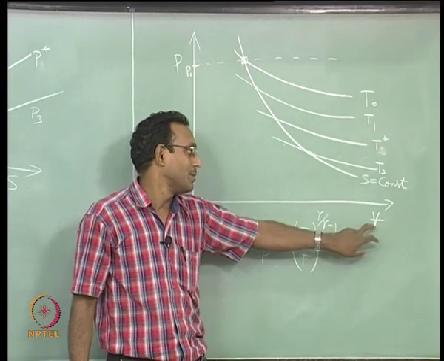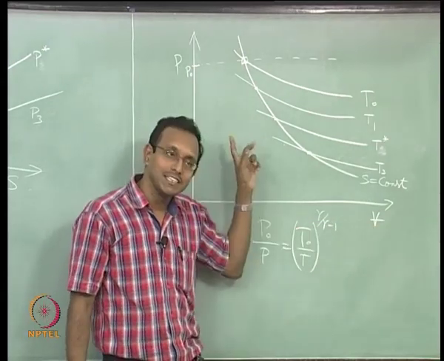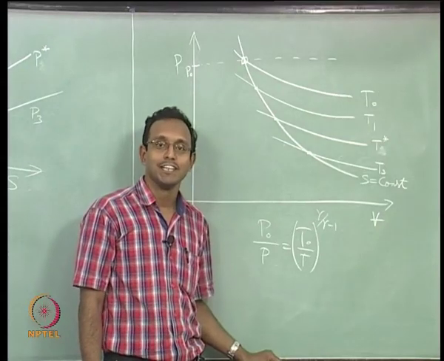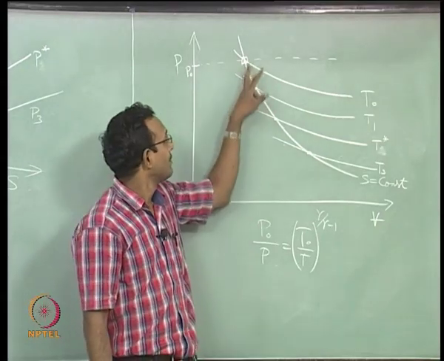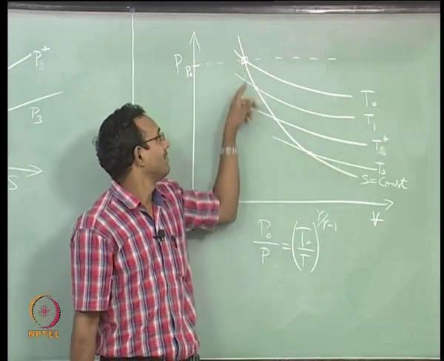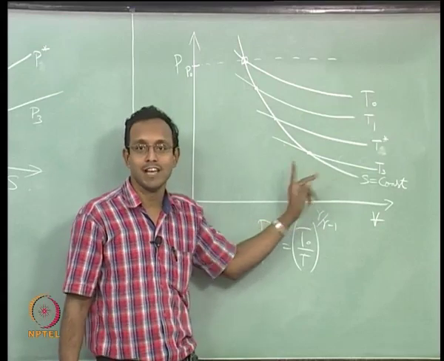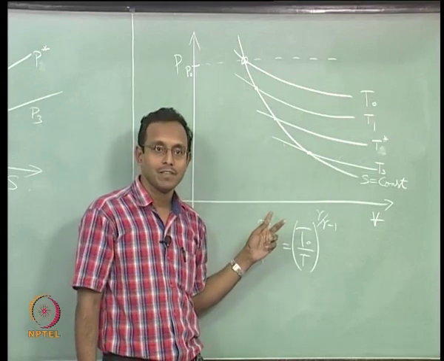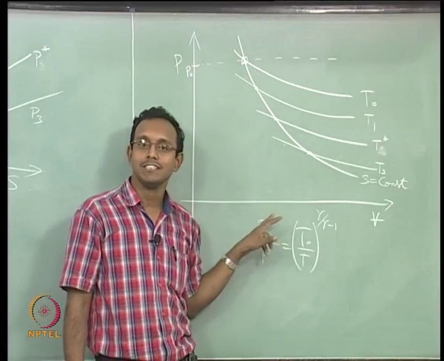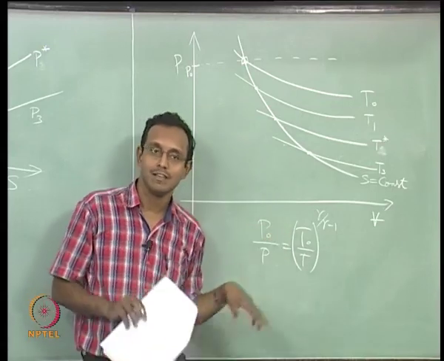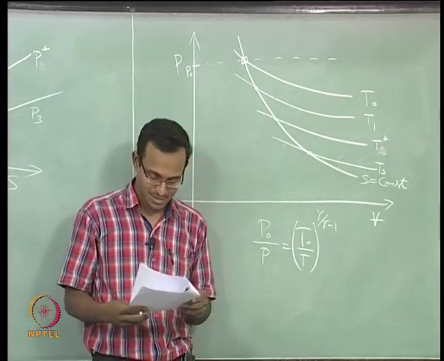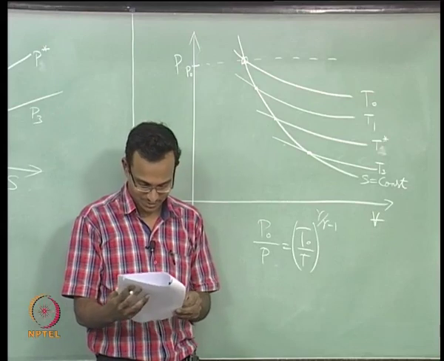If I pick it to be 1 by density, 1 by density increases, means what happens to density? Density drops. That is, when I am expanding the gas, I am giving the word expanding already. Okay. When I am accelerating the gas to higher Mach numbers, I am always expanding the gas, and its temperature drops, its pressure drops, and its density drops. Okay. Velocity is the only thing that is increasing, everything else is dropping. Okay. The whole set of things that is happening in there.